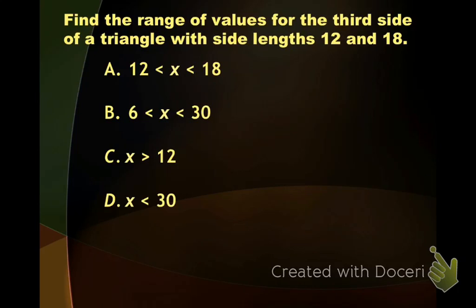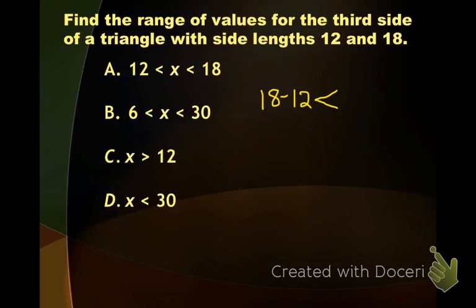Let's find the range of values for the third side of a triangle if we know the other two sides are 12 and 18. Remember, the smallest possible length is the difference between the other two. So 18 minus 12. That has to be the minimum.